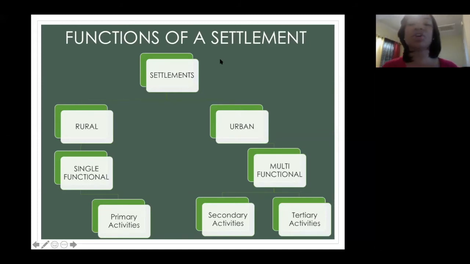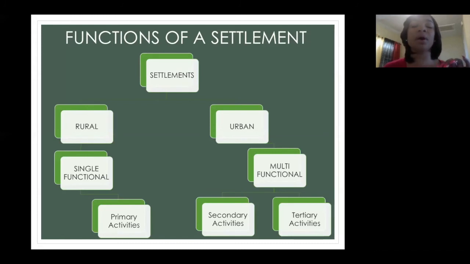So let's continue, guys. Just now we looked at our settlement shapes. Settlement shape refers to the pattern of the settlement, how they're formed along their building arrangement or roadways. So now we're going to look at our last criteria, which also helps to group settlements, and that is the function of a settlement. We see these two words keep coming back to us as we discuss the different settlements, and those are rural and urban.